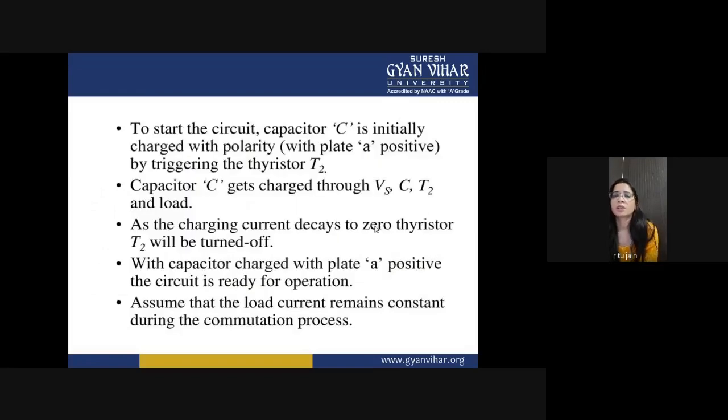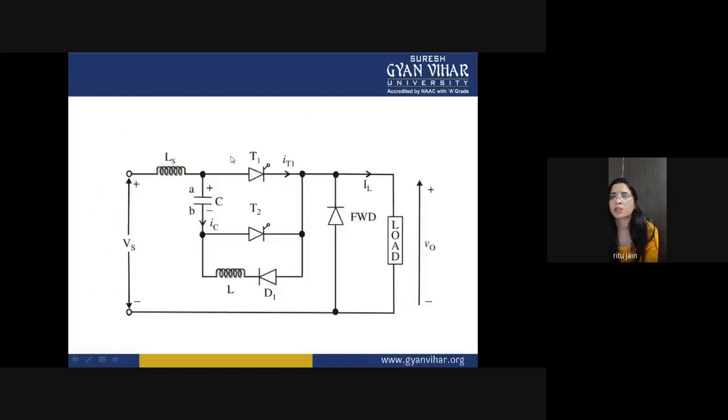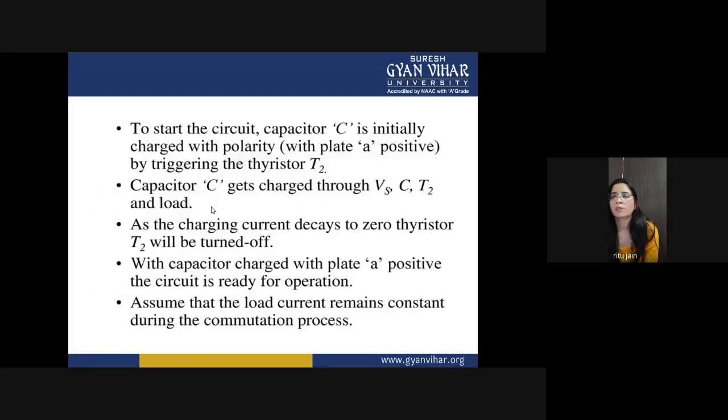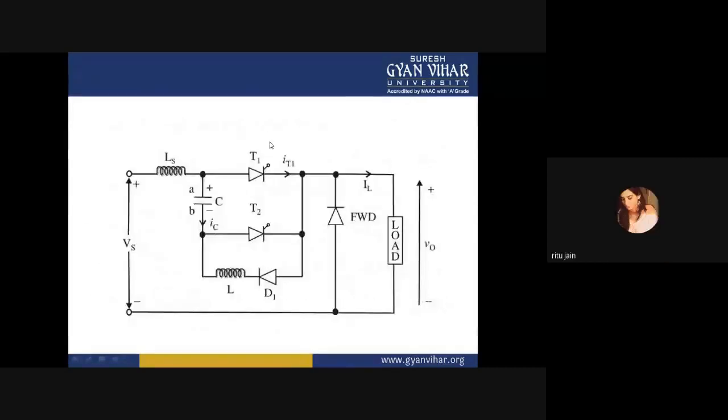Now let's start with your capacitor. To start the circuit, capacitor C is initially charged. We are taking that this capacitor is already charged, and one plate is positive by triggering the thyristor T2. We are turning on this thyristor.